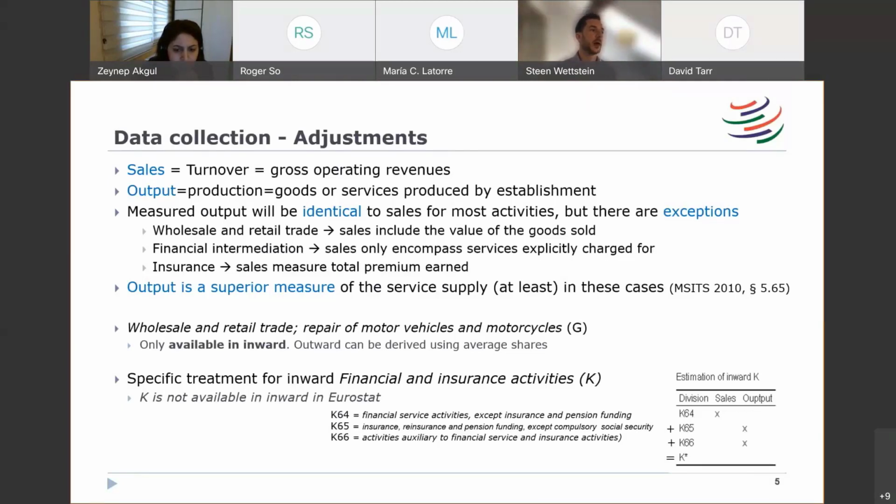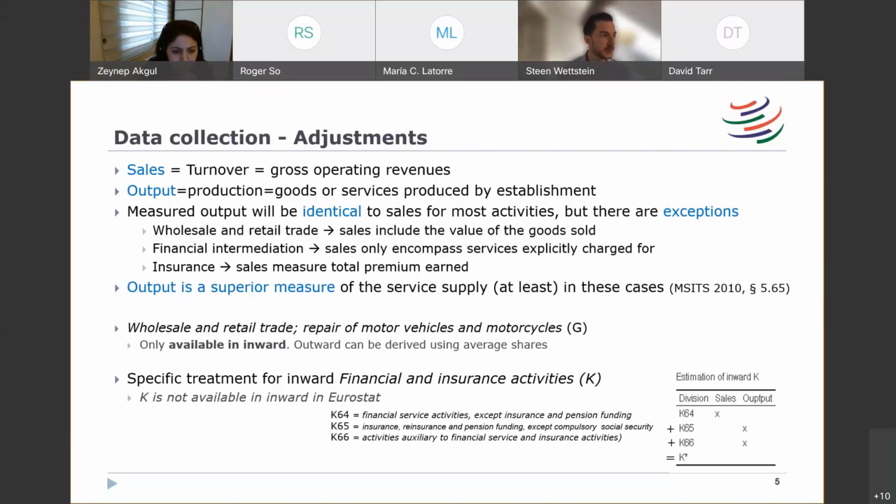So actually, output and sales will be most of the time identical or very similar, with some exceptions. For example, in the wholesale and retail industry, which is actually quite inflated when we look at sales. For us, this does not really represent the real economic activity, since we are including the value of goods that are sold in those transactions.